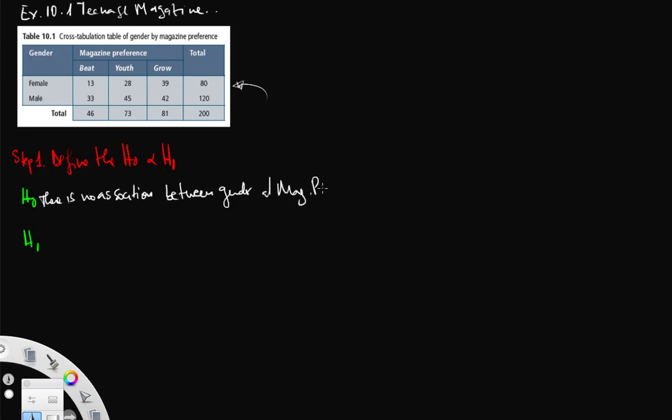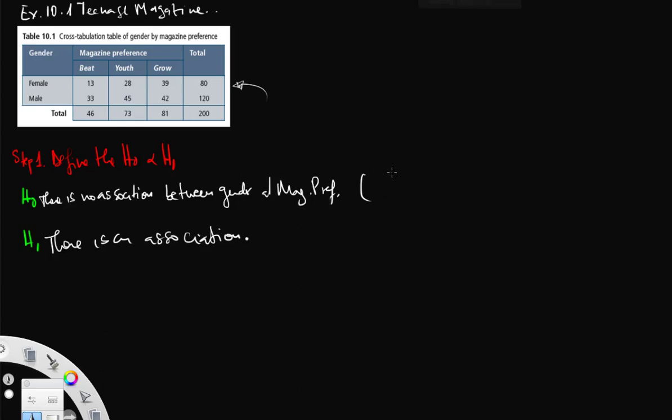I'm just writing magazine preferences. And my alternative will tell me now that there is an association. If I have to represent it using those signs, I would represent it in this way.